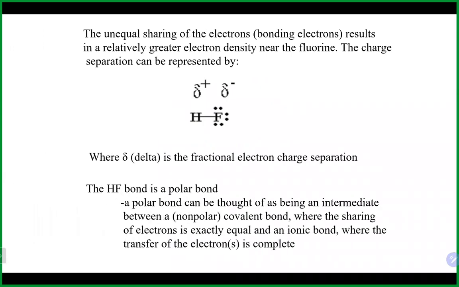So we could think of a polar bond as being between really the two other bonds that we talked about. The three types of bonds we talked about here: on one side, we have an ionic bond. And that is always between a metal and a non-metal, like our lithium fluoride.